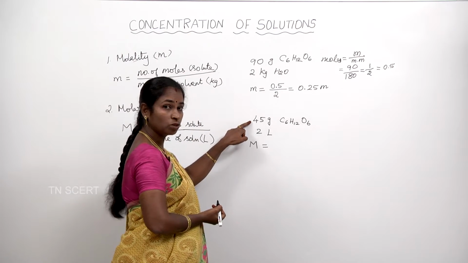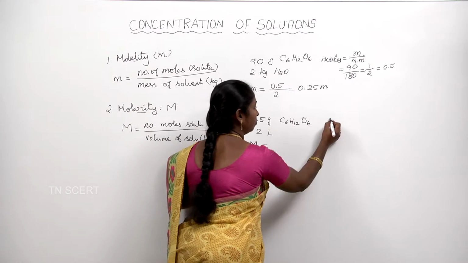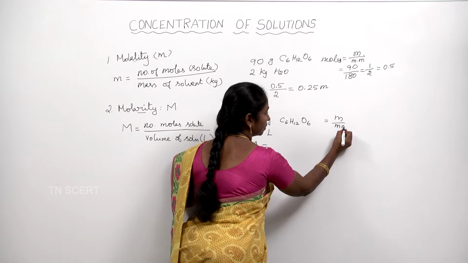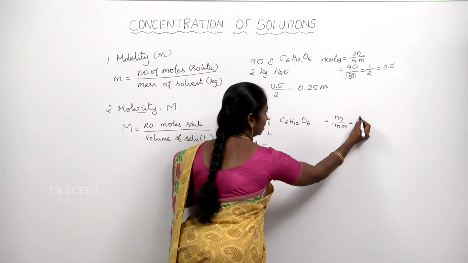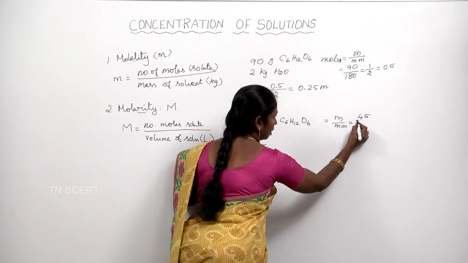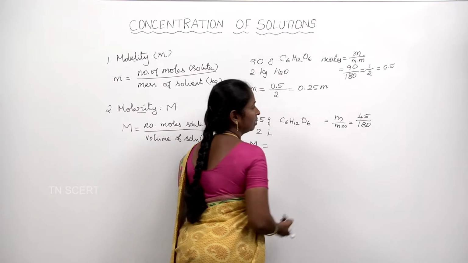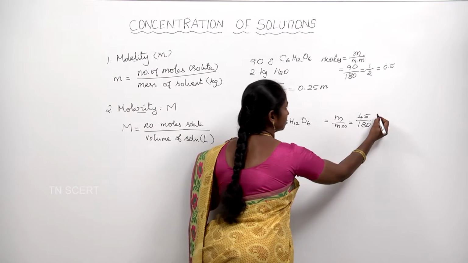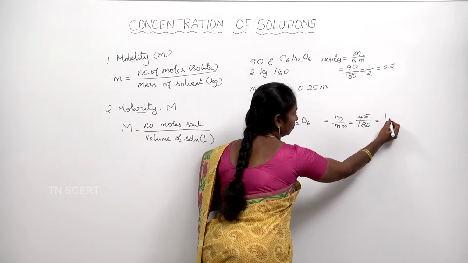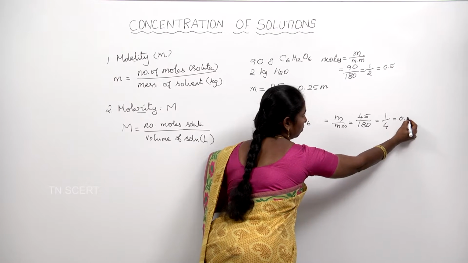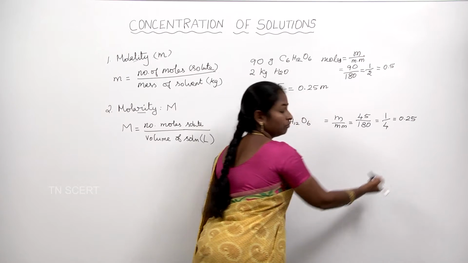What is the number of moles of solute here? It is given by, again, mass by molar mass. So, what is the mass? It is 45 and its molar mass 180. Now, calculate this. It is equal to 1 by 4, that is equal to 0.25 moles.